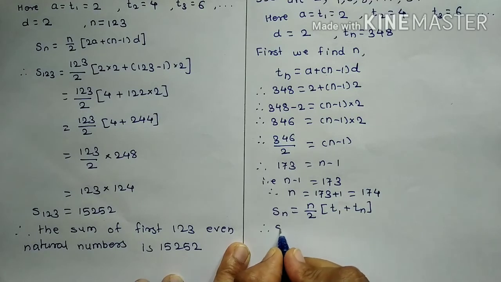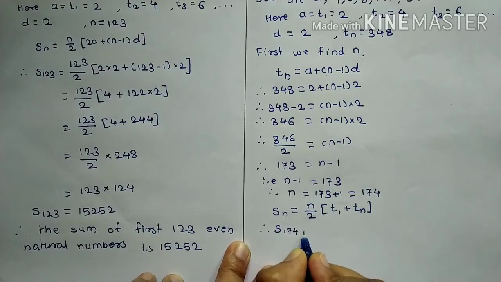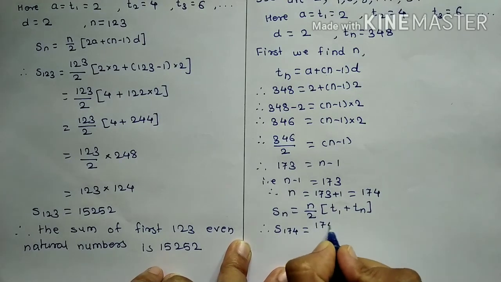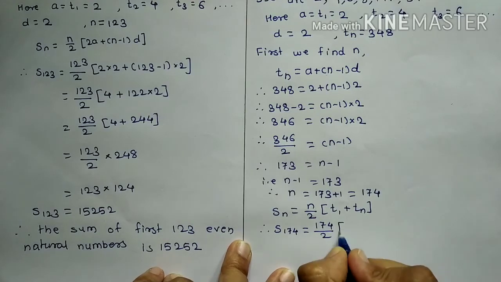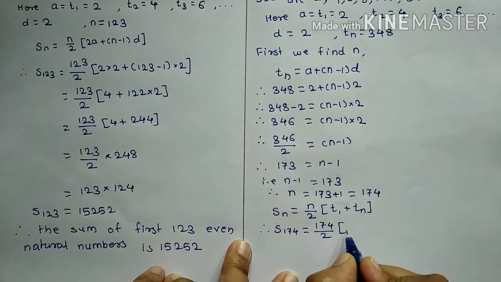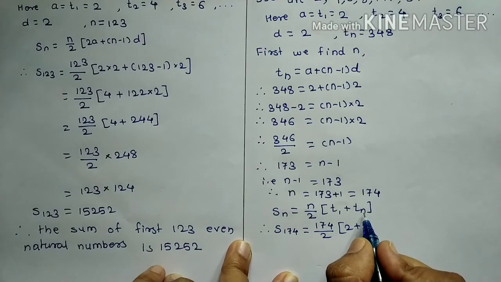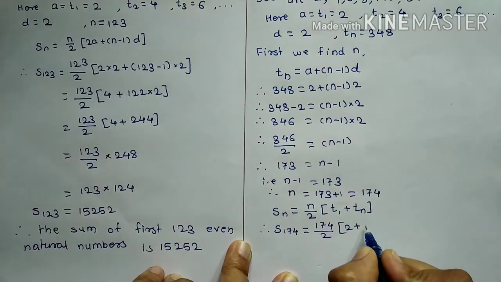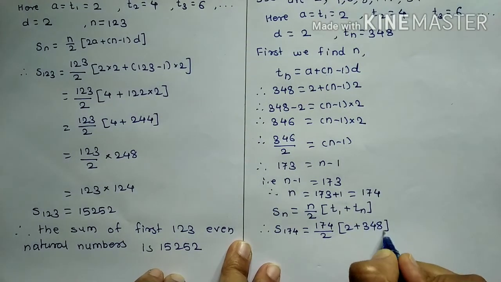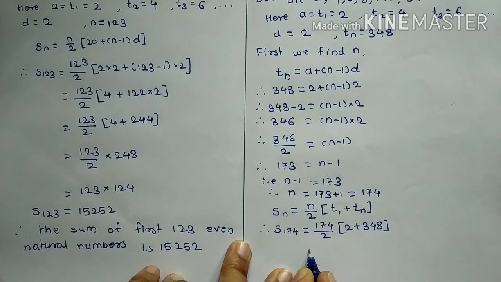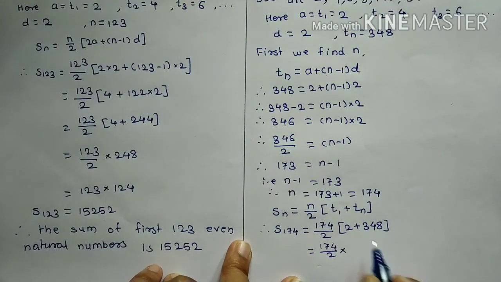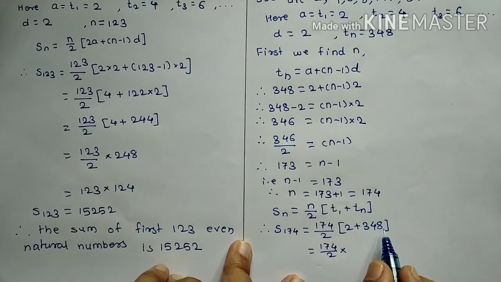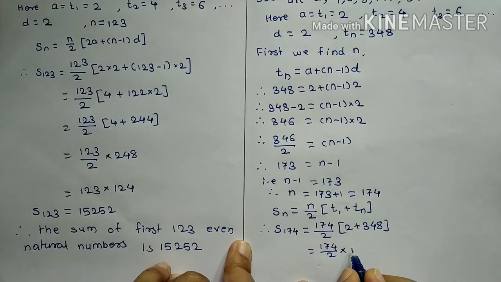Therefore Sn means S174 equal to 174 divided by 2 into (T1 means 2 plus Tn is last term 348), which is equal to 174 divided by 2 into (2 plus 348), 350.